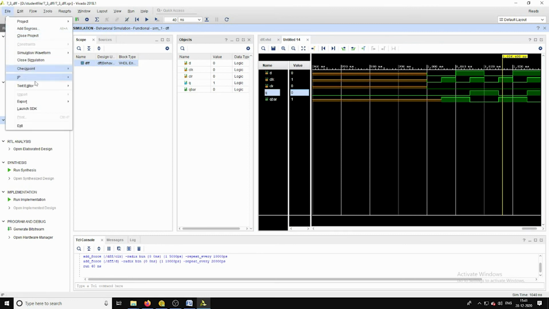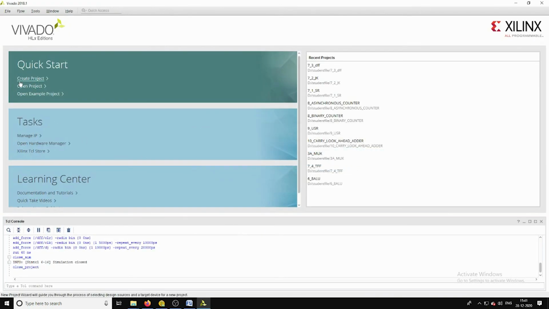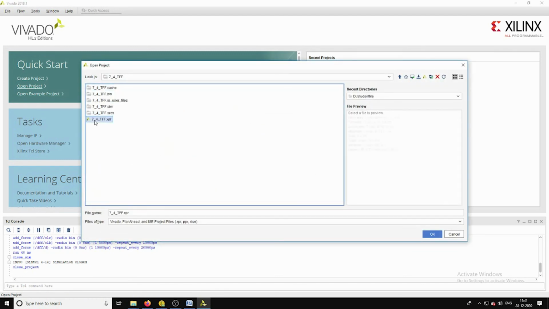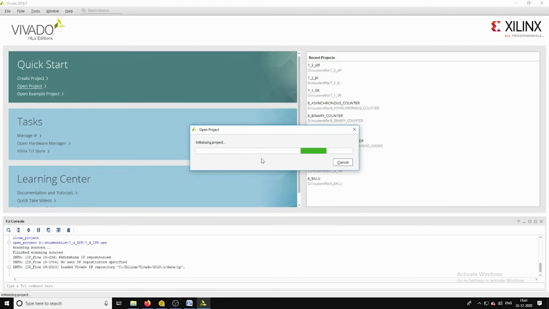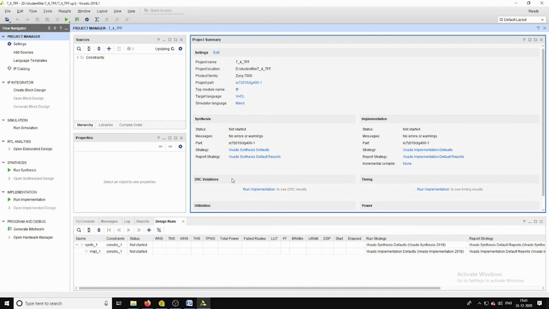Now let us see the final flip-flop, that is the T flip-flop. Whenever the input is 1, the output will be toggled, see, which is like the short circuit of two inputs in the JK flip-flop.